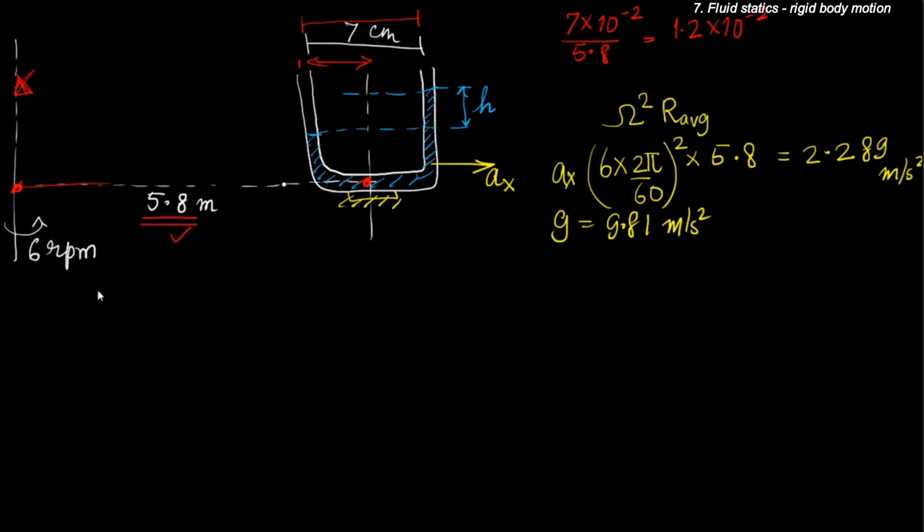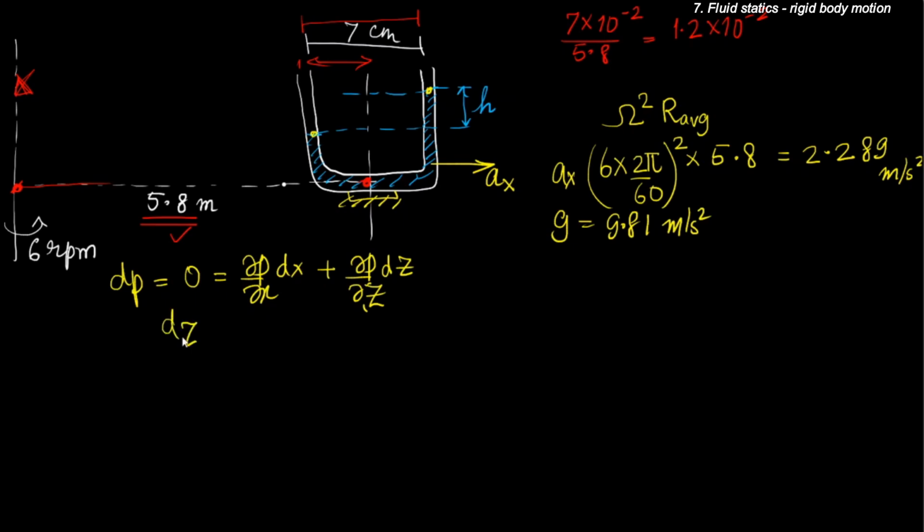In that case, we can again say, because these are free surfaces, dp at that free surface is 0, which means del p del x dx plus del p del y dy plus del p del z dz equals 0.